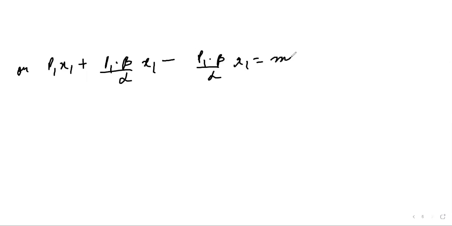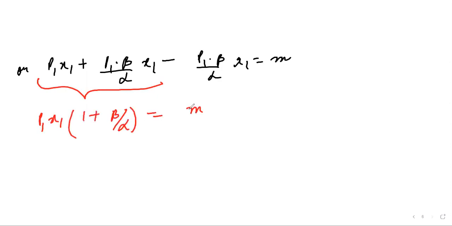Okay. Now from here, just notice what I'm doing. I'm going to take p1 x1 common. So I get p1 x1 (1 plus beta by alpha) is equal to m plus p1 into r1 into beta by alpha. Okay. So now I'm going to solve for x1 star.